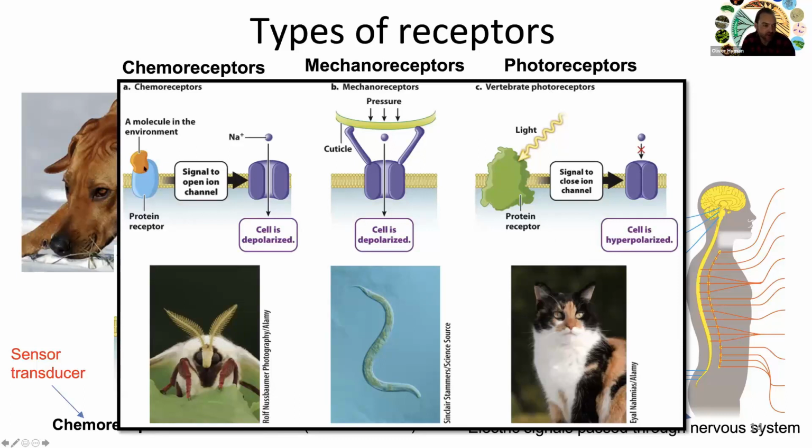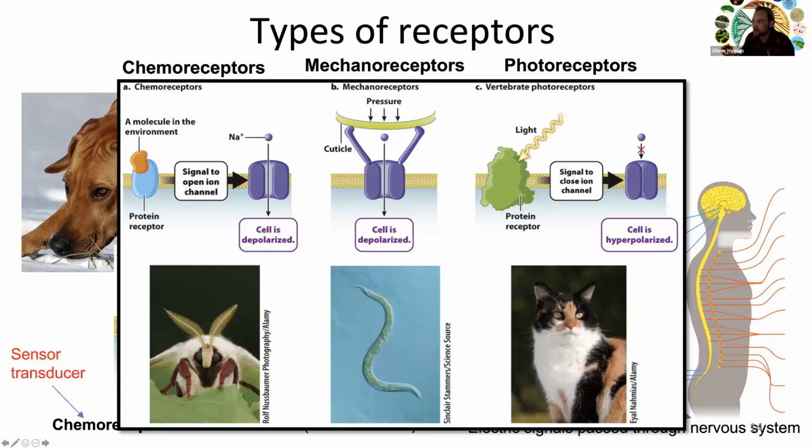You can have chemoreceptors that detect chemicals. You can have mechanoreceptors that detect pressure. You can have photoreceptors that detect light. And many of these receptors are not unique to animals, but plants also have many of these receptors as well. Okay, but the whole idea here is these receptors can pick up different types of stimuli and translate them into stimuli that the organism can interpret.